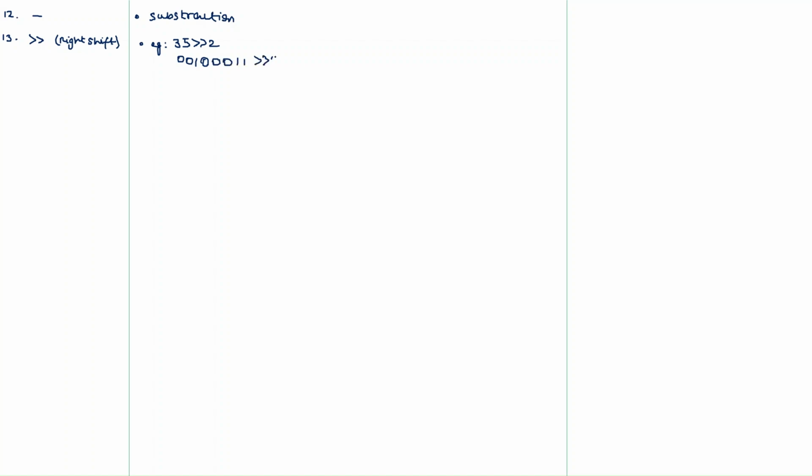When you are right shifting it by 2, it adds 0, 0 here, removes the last two bits, and shifts everything to the right. So the original was 35, but after this operation, what you would get is 8. The resultant would be 0, 0, 0, 0, 1, 0, 0, 0, which equals 8.